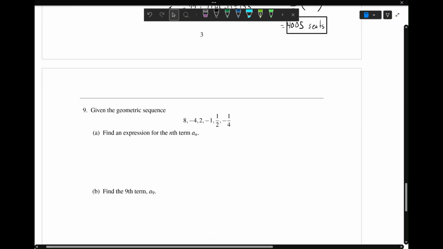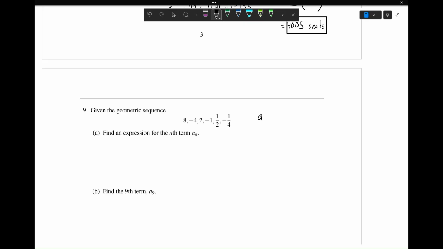All right, now we're given a geometric expression. Our formulas tell us that a geometric sequence can be defined by the equation a sub n equals the first term times r to the n minus 1. And we call r the common ratio, or the thing that we're multiplying or dividing by to get term to term.